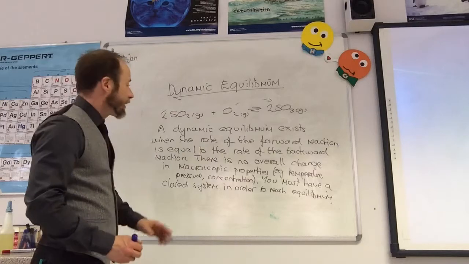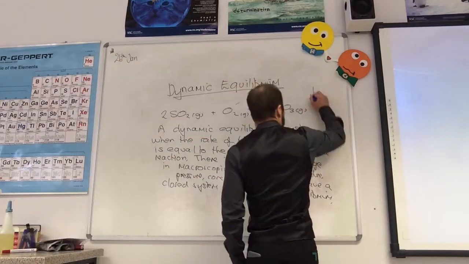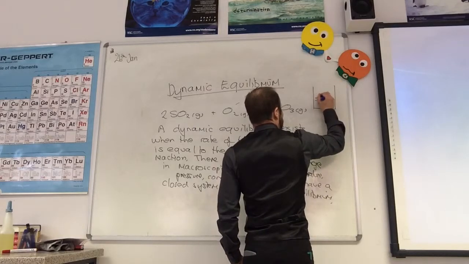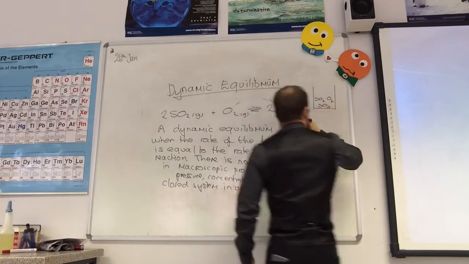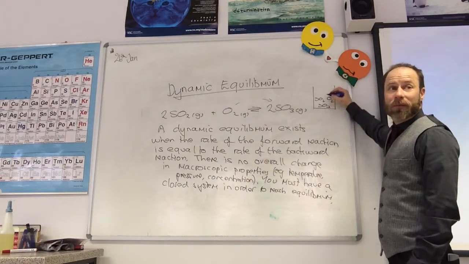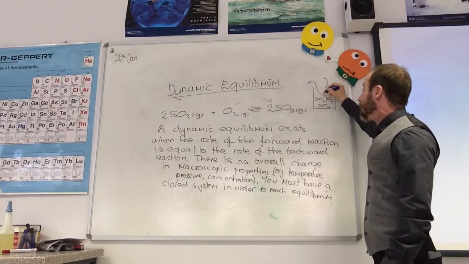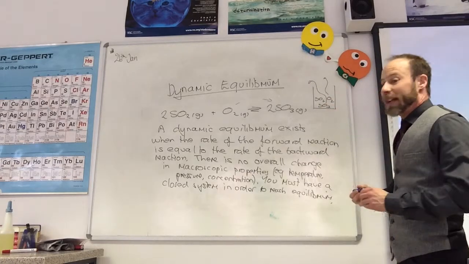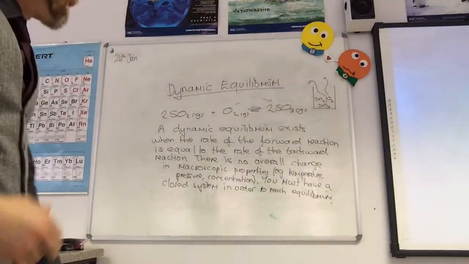Why do I need a closed system? Well, if in my little pot I've got SO2, O2, SO3, something like that, will that ever reach equilibrium? Things can just escape, can't they? SO3 can escape and so on. So I will never reach dynamic equilibrium if I've got an open system. It must be a closed system.